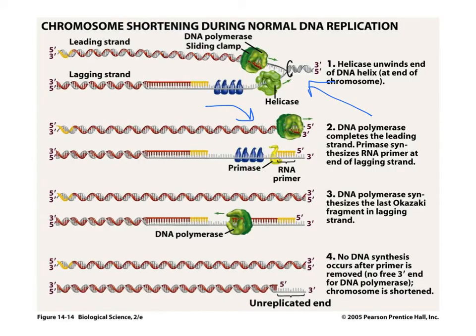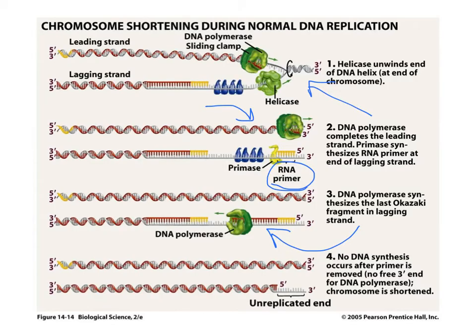However, with the lagging strand, remember when helicase opens up the last area, this is the lagging strand, so a new primer will have to be made, and they show that there. Primase will add the new primer, and then in the next one here, DNA polymerase will take that primer and add DNA strands to that.